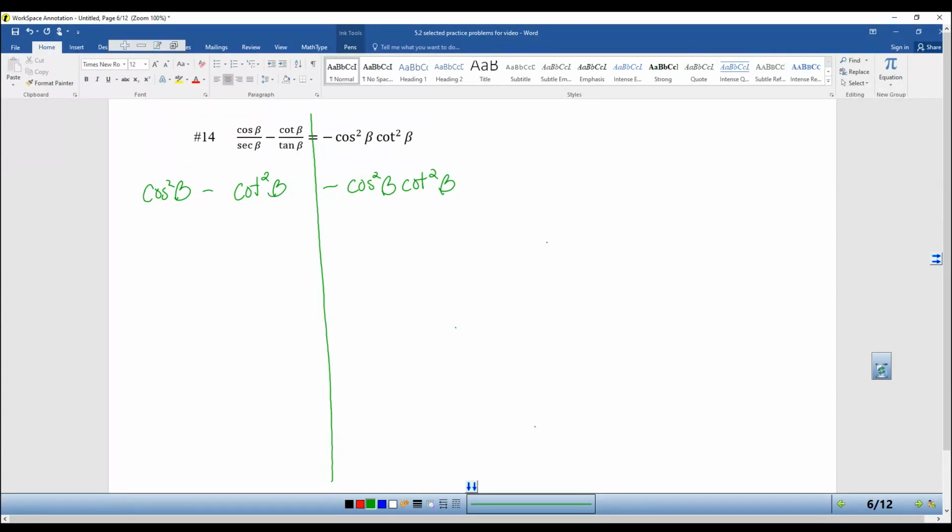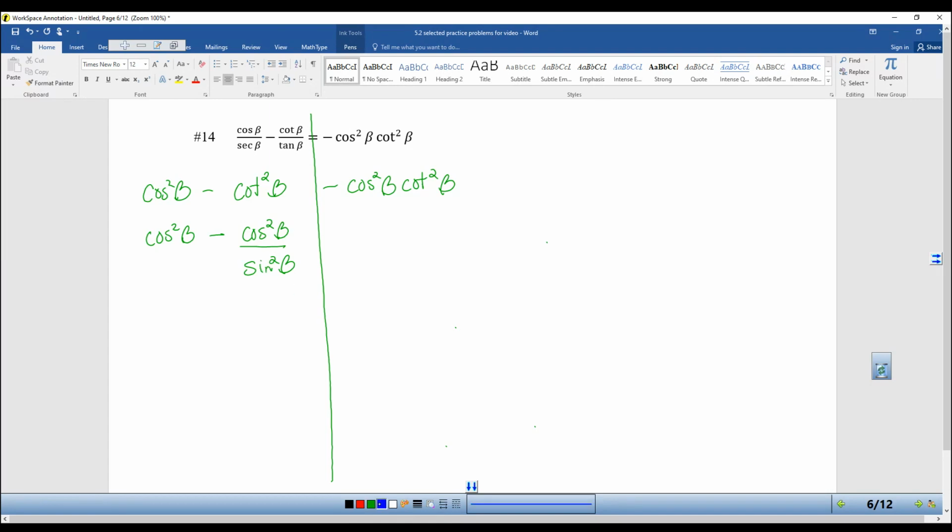So now I'm going to go back to my same concept, that the only way to get two things into one is to get a common denominator. So the way to get a common denominator, you need a denominator. So I'm going to change this one to cosine squared over sine squared. Cotangent and tangent are my two quotient identities.